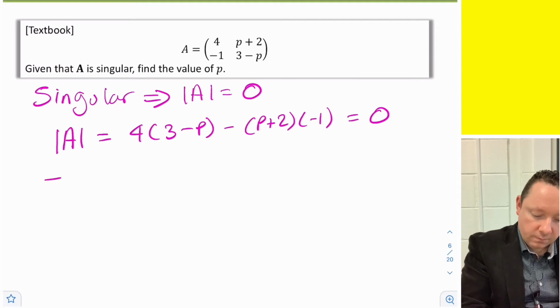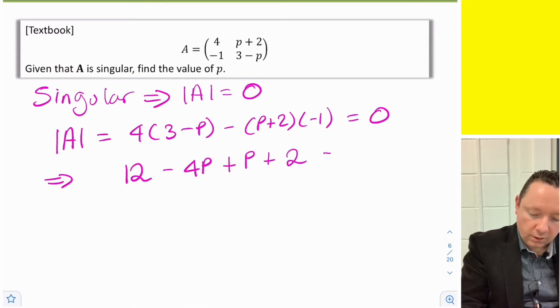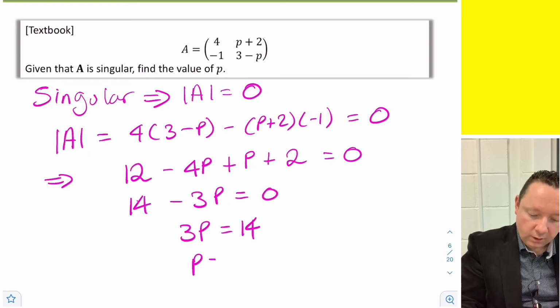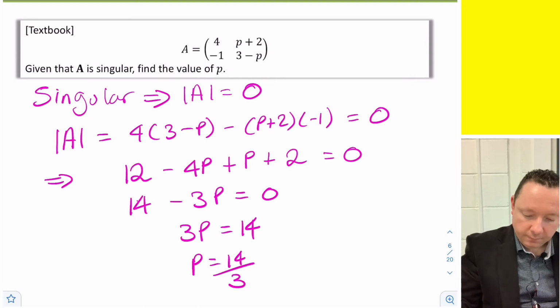Tidying that up, we've got 12 minus 4p plus p plus 2 equals 0. 14 minus 3p is 0. So 3p equals 14. So p is 14 over 3.